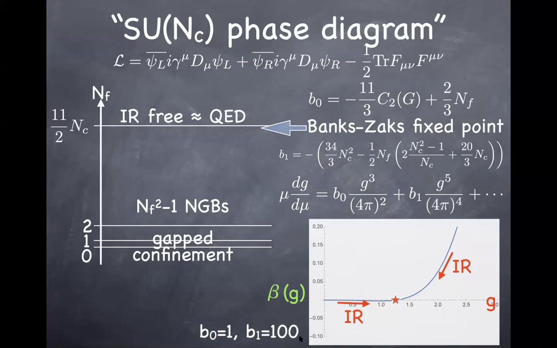With this kind of situation, the infrared fixed point is of the order of coupling constant of something like b1 over b0 over 4 pi squared. That's about 1 in this case. So g squared over 4 pi squared, that's the expansion parameter of perturbation theory, is actually quite small. So you verify that there is a non-trivial infrared fixed point within the regime of perturbation theory. You can trust that this infrared fixed point does exist within the validity of perturbation theory.